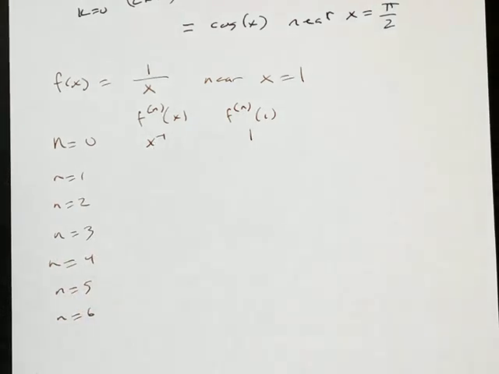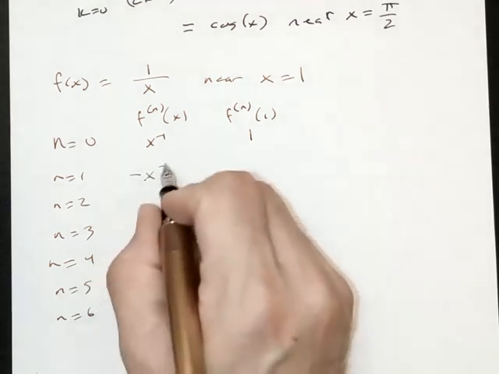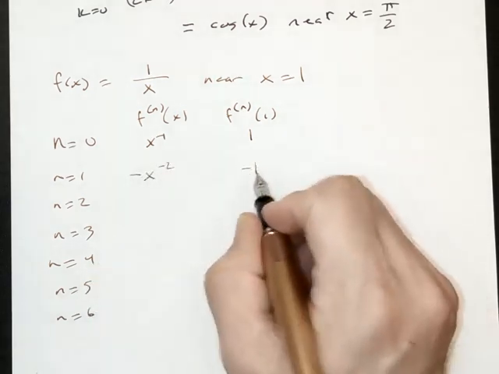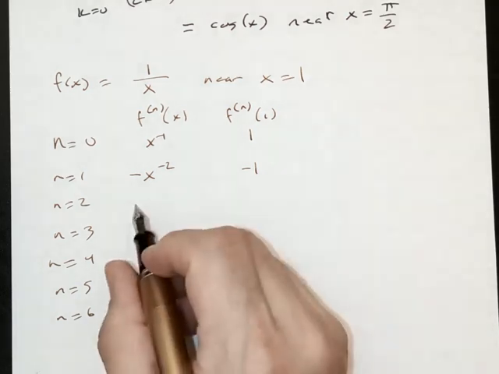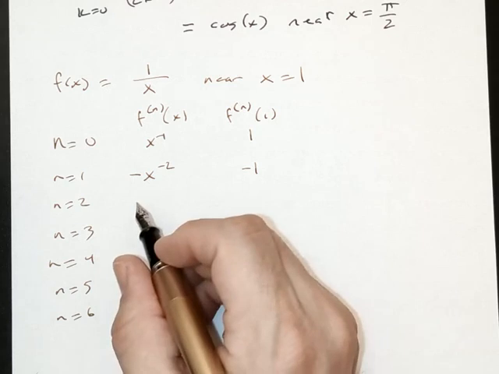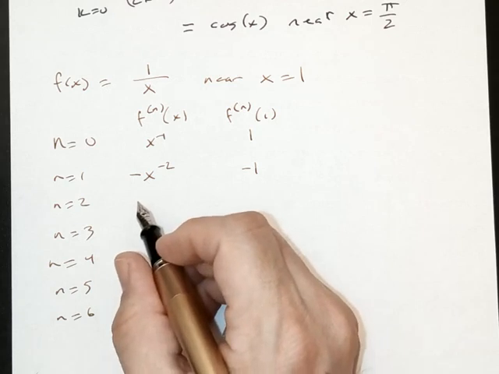What is the derivative of x to the negative 1? And if I plug in 1, I get minus 1. Take the derivative of that. It would be minus 2 over x cubed. I don't want to write it over. I want to leave it in this power because I'm going to keep taking derivatives.